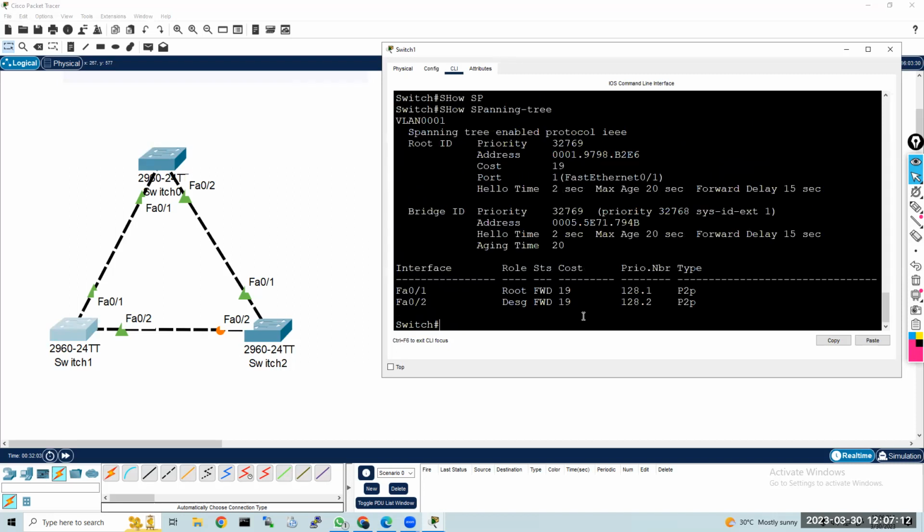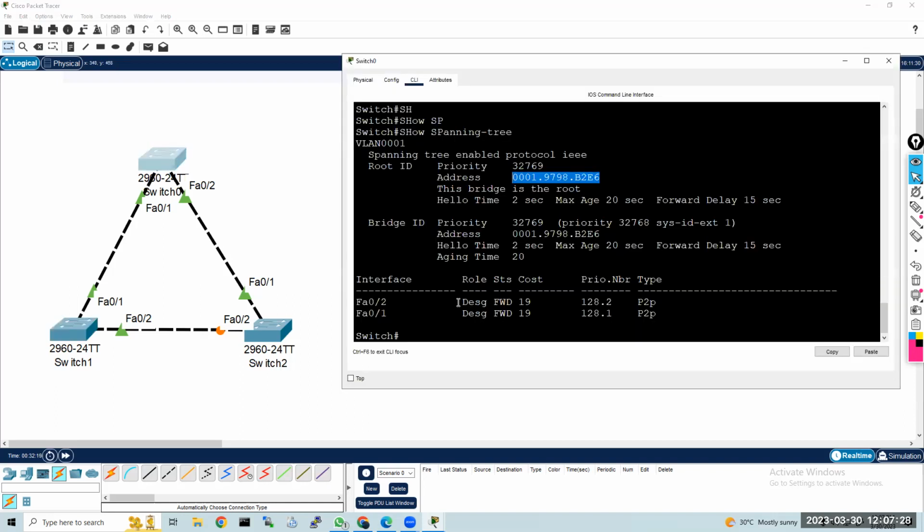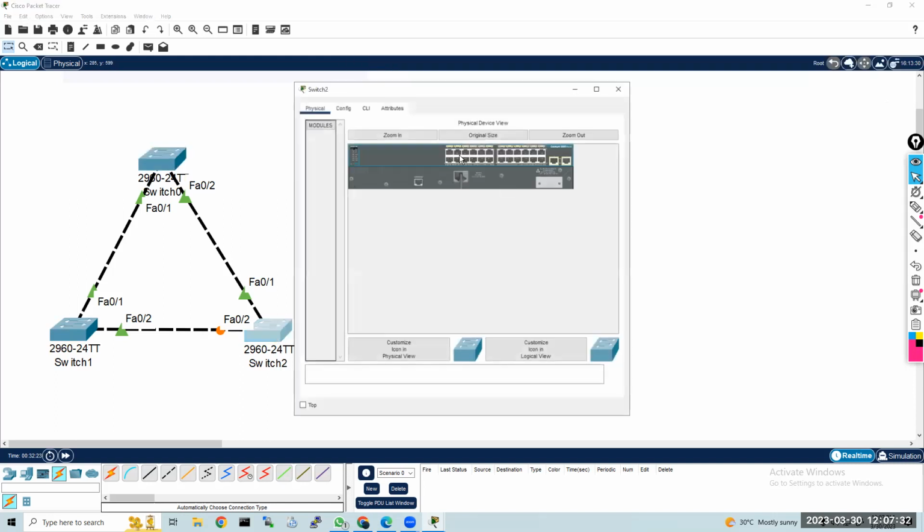This is not the root bridge, because one is the root port and another is your designated port. One is the root port, the fast one, and another is your designated port. Whereas here both are designated ports. So check the last switch.